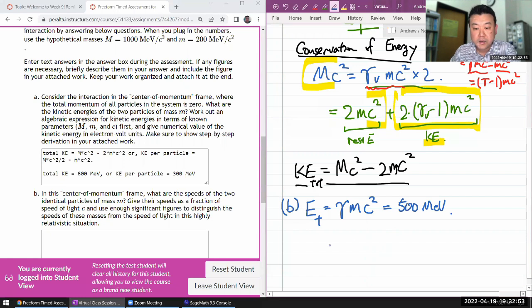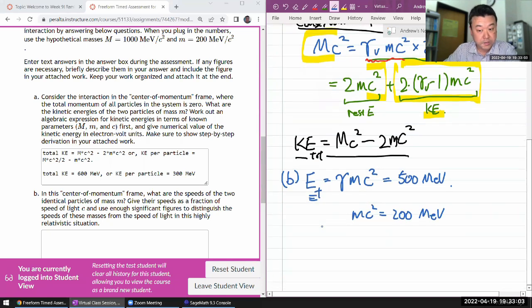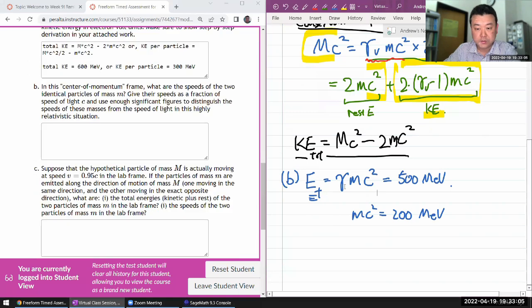And I already know from the given values that mc squared is 200 MeV. So knowing these two pieces of information, the total energy and the rest energy, gives me gamma right away. Gamma is 500 divided by 200, units cancel out, 5 over 2.